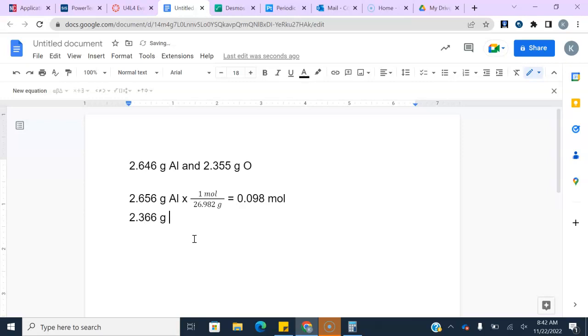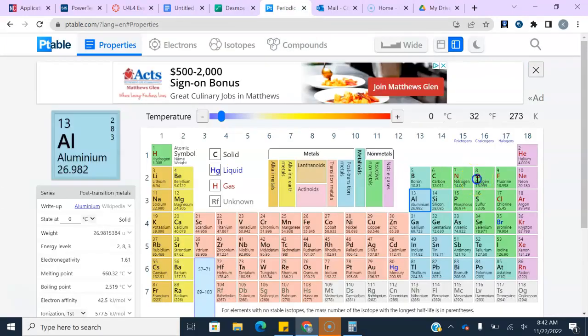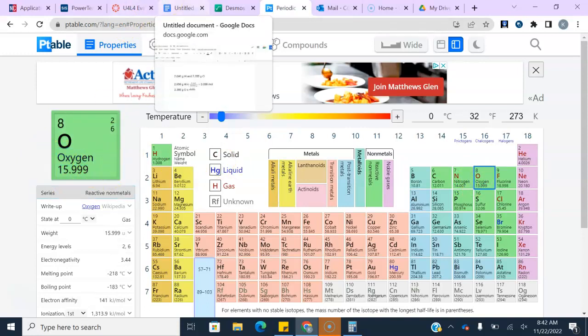2.355 grams of oxygen times, again, we're converting to moles, so 1 mole of oxygen will be equal to 15.999 grams, because again, that's the average atomic mass.